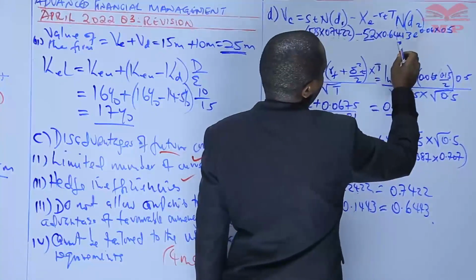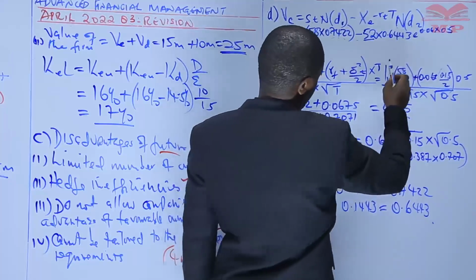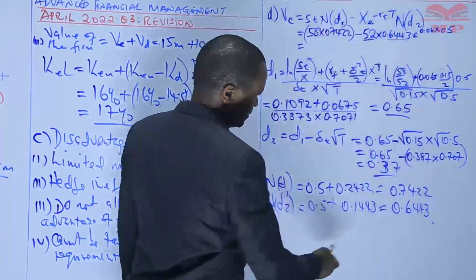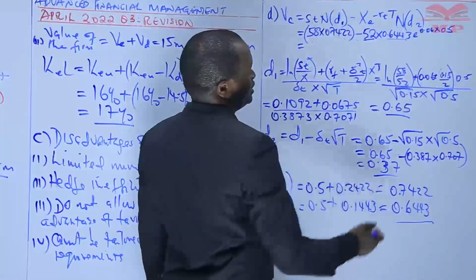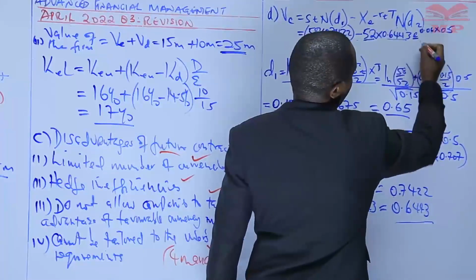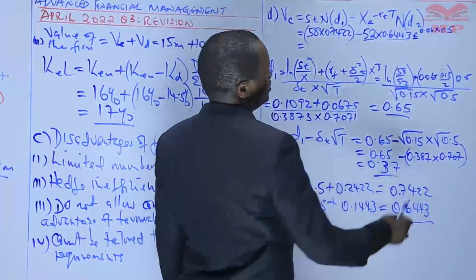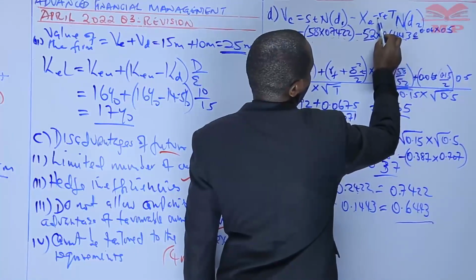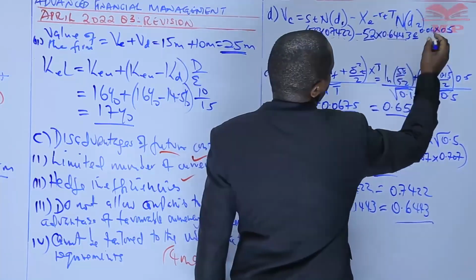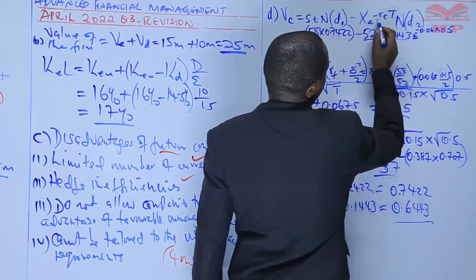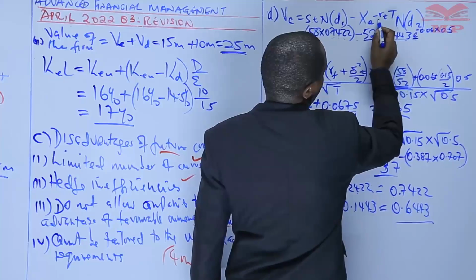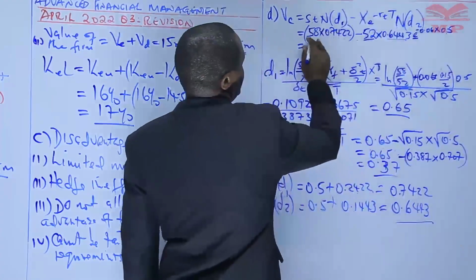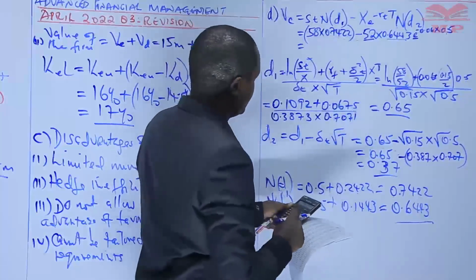We multiply by N(D2), which we calculated here. Then this is the base of the natural log raised to negative R, the risk-free rate, times time T, 0.5. So we come and insert the answers there.